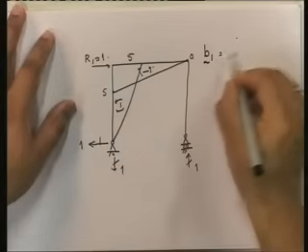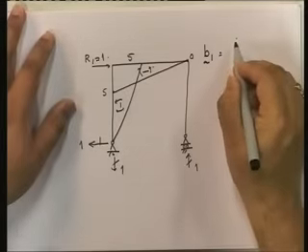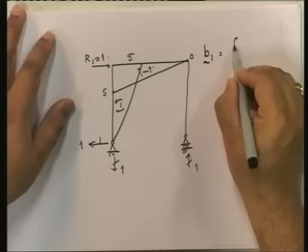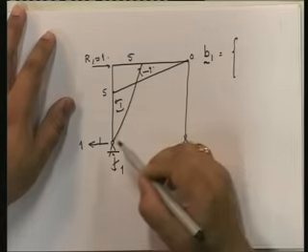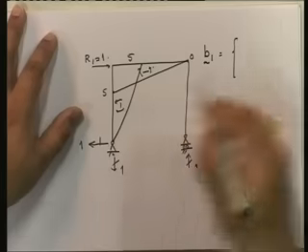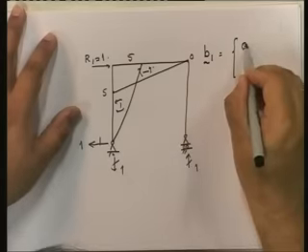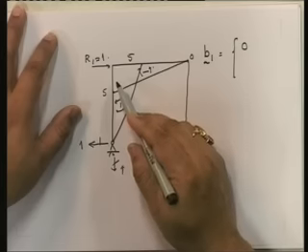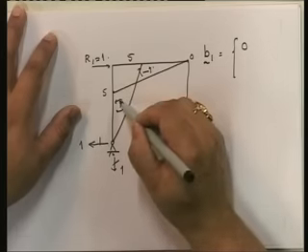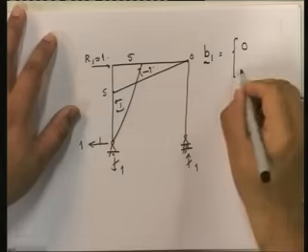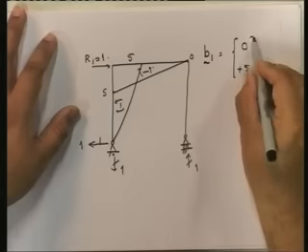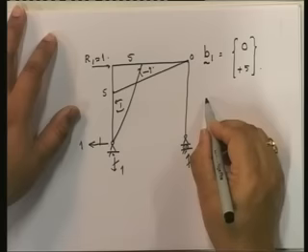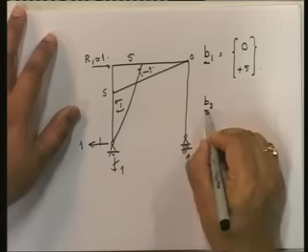Okay. So if we look at B1, at this MAB, what is the moment? 0. So this is 0. At this point, what is the moment? Anticlockwise 5. So anticlockwise 5 is plus 5. Let's find out B2.